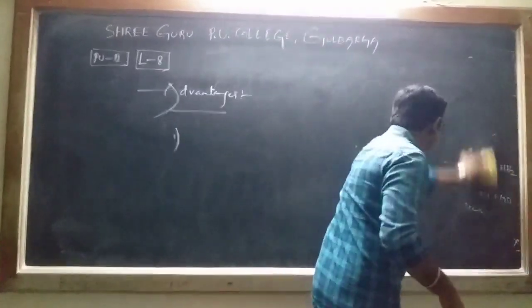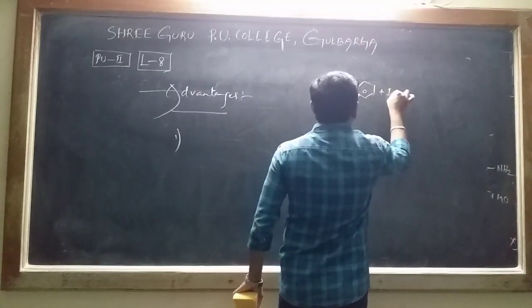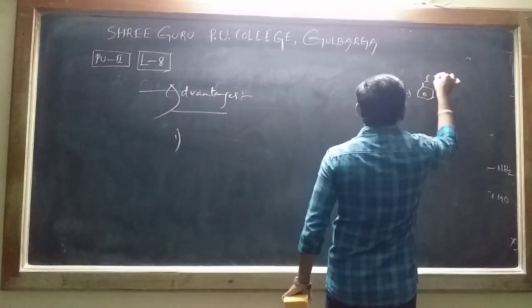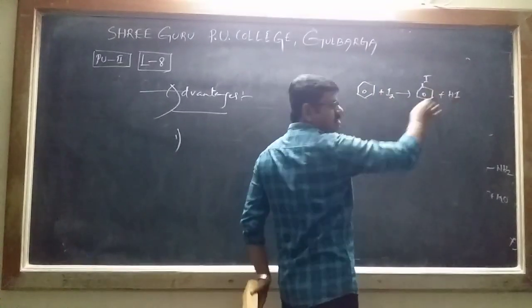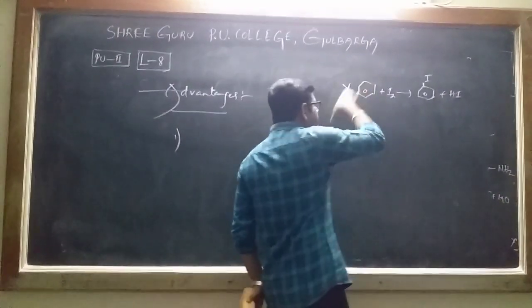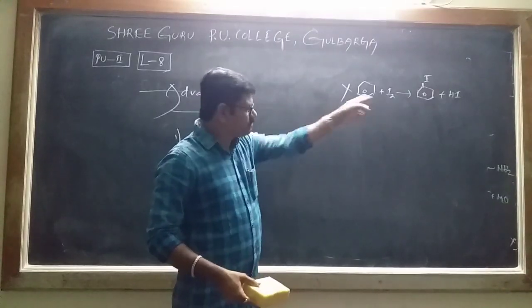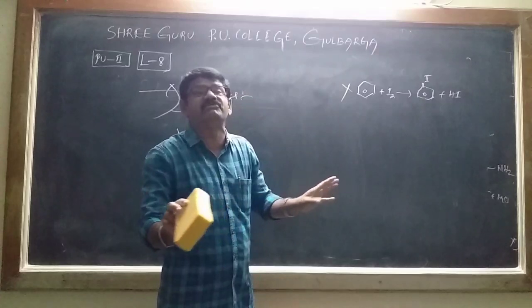One is, just now we have discussed, when benzene is reacted with iodine, we get iodobenzene, no doubt, and along with that, HI is obtained. But we do not prefer this reaction to prepare iodobenzene, because here a backward reaction takes place. Direct substitution of iodine we are not preferring.